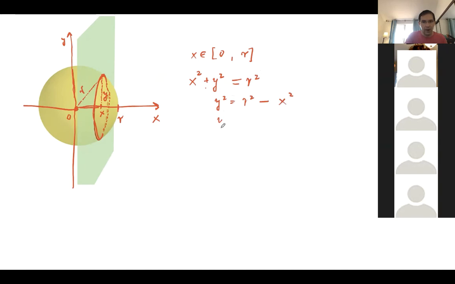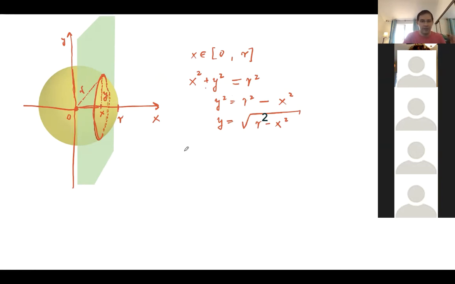And so y is equal to the radical of r squared minus x squared. So this is exactly the y. This is exactly the radius of the corresponding cross section, the cross section that corresponds to this given point x.